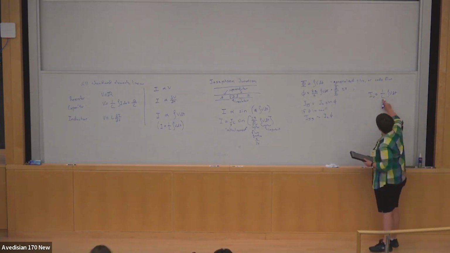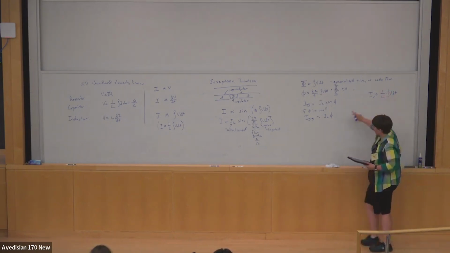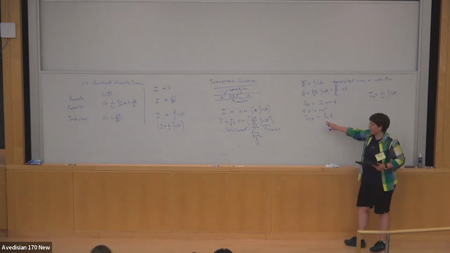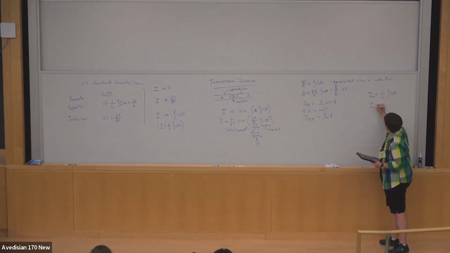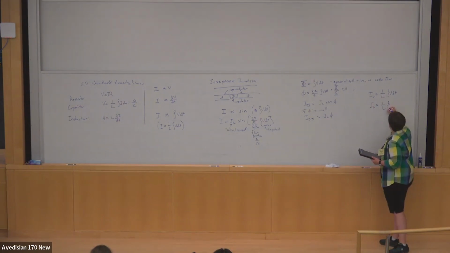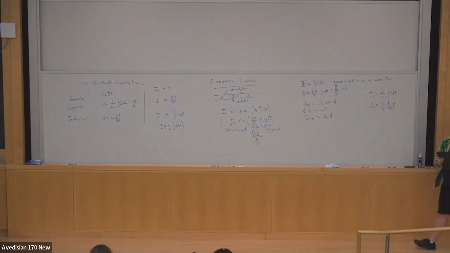It's just that in this case, the coefficient is 1 over L. And in this case, there are some extra unitful factors in here. And so the current in an inductor is 1 over L, h bar over 2e, phi. And so what that tells us is that this Josephson junction is some form of nonlinear inductor.